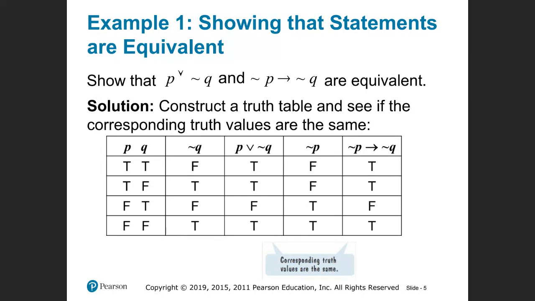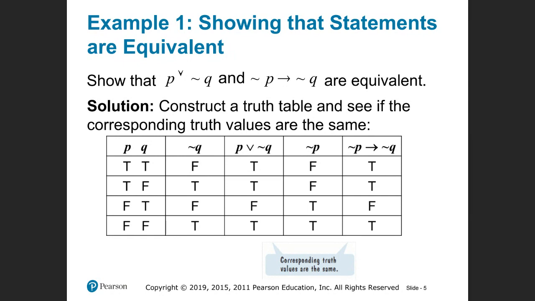Okay, example 1, showing the statements are equivalent. We want to show that P or not Q, and if not P, then not Q are equivalent. So we're going to construct a truth table and see if the corresponding truth values are the same.